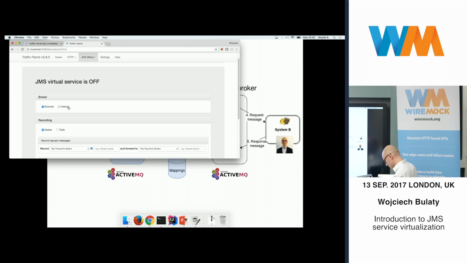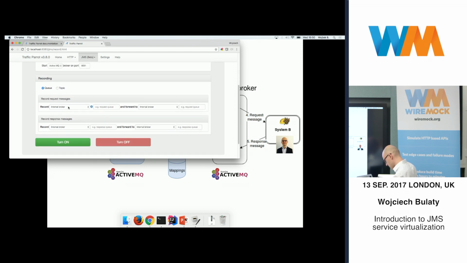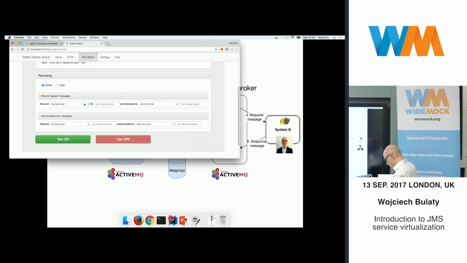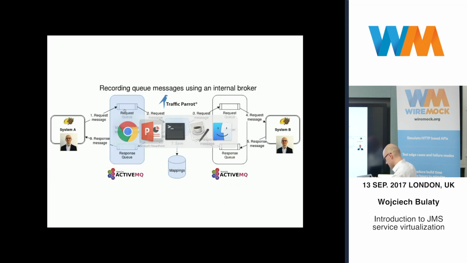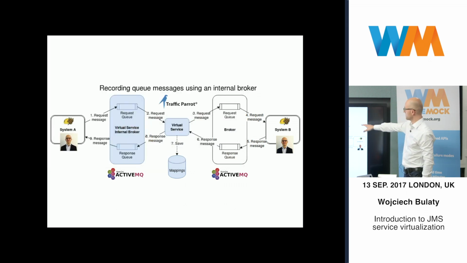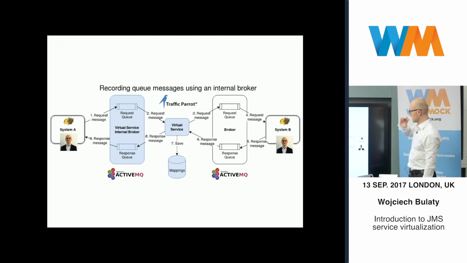I'm going to start up an internal broker on port 1991. We're going to record the queue. And we're going to record from the internal broker, record queue, to local ActiveMQ in the same queue name. If you want to know how to configure these things, you just click this question mark and it's going to tell you how to do that. And then we've got 2 and 3 and the virtual service internal broker done for now.